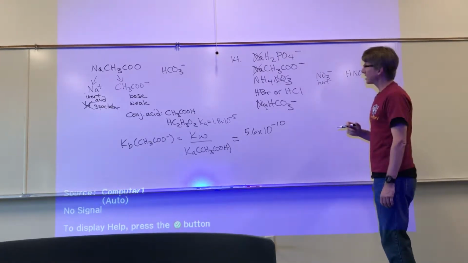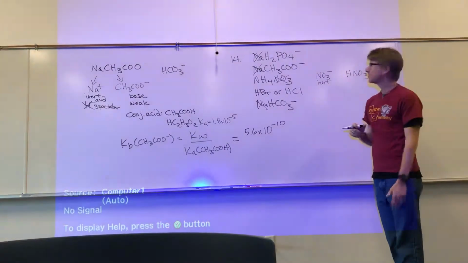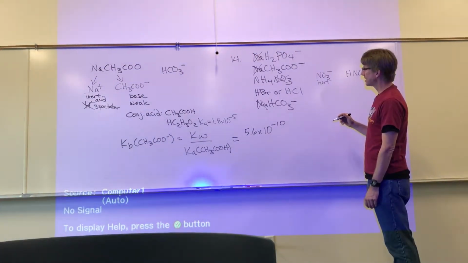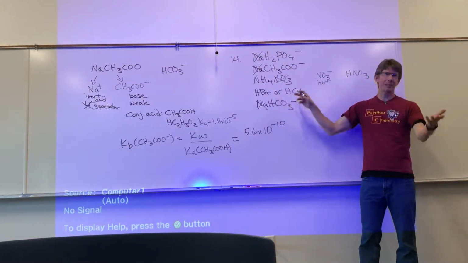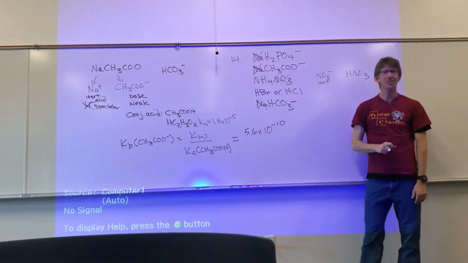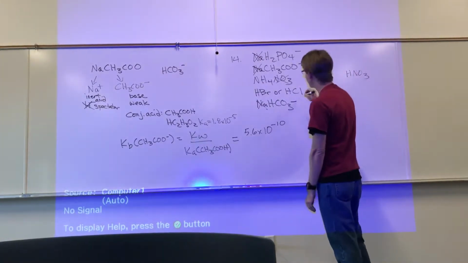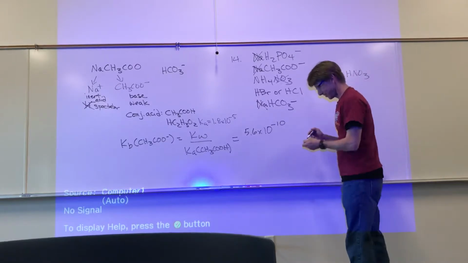From there, it says what can never be a Bronsted-Lowry acid, and let's see. So HBr or HCl, I apologize for that typo, but either of those can be an acid. So that one could be. So that is not the answer.